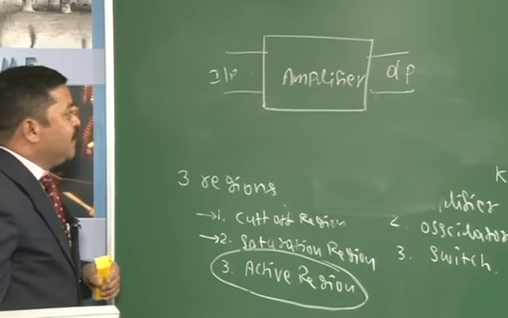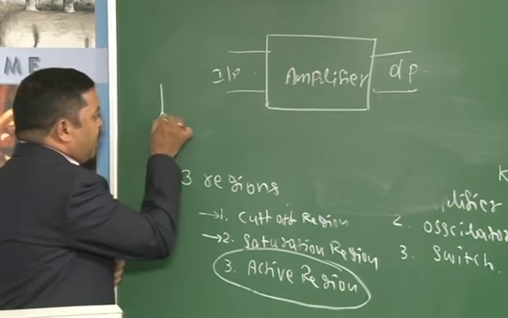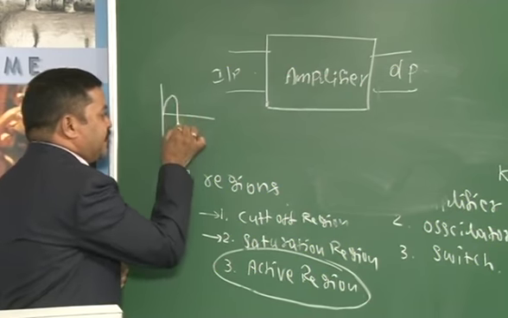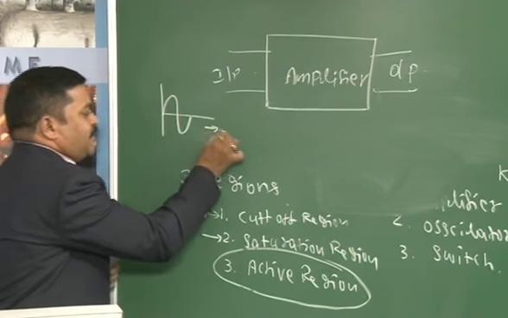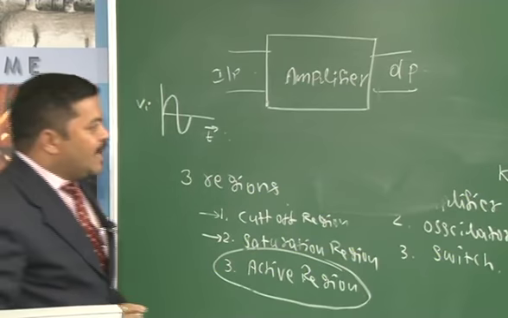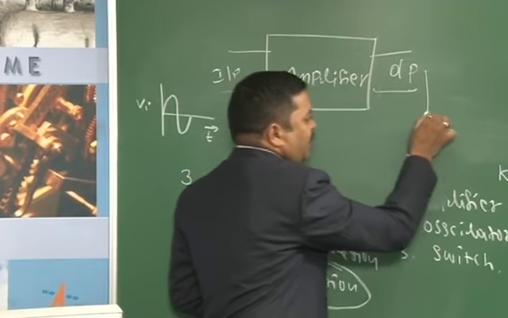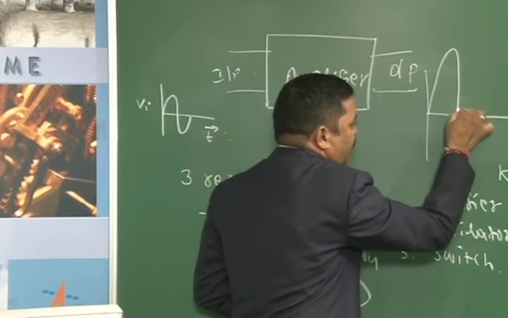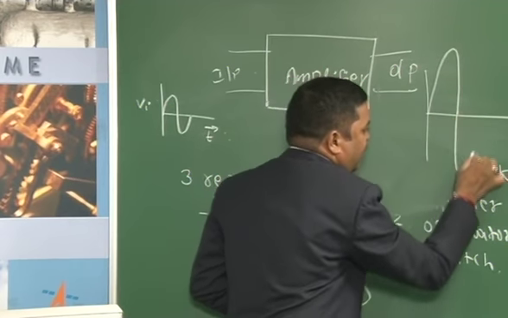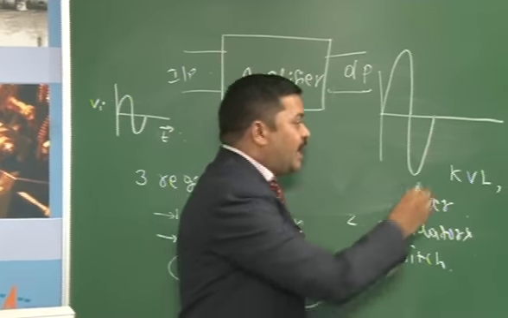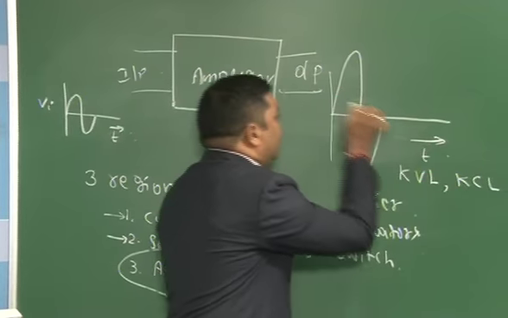At the input side, we apply the weak signal which is to be amplified or strengthened. This is the input signal, let us say Vi. And Vout we will note down at this point. The Vout should be this amplified signal, but the frequency will not be altered. This is the time axis, this is Vout.